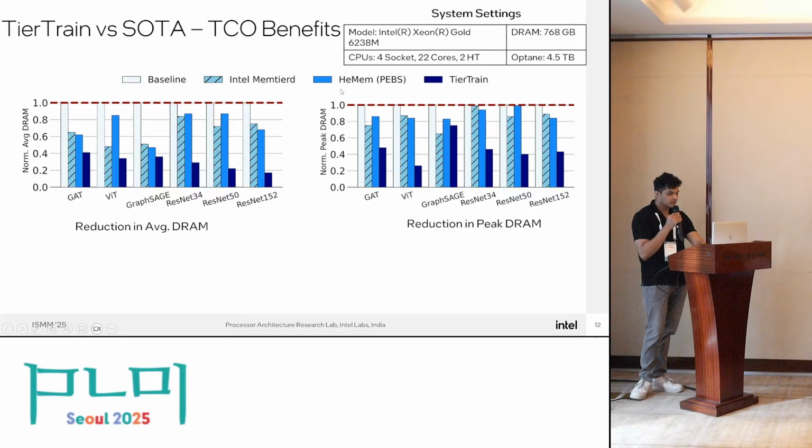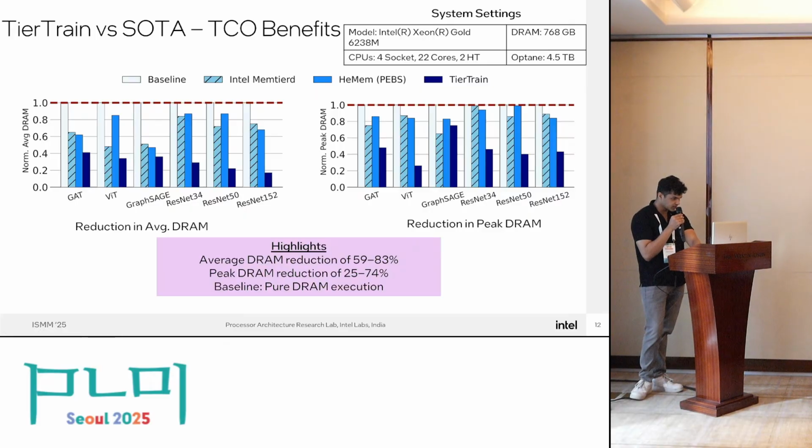Compared to all of these methods, there is again an average DRAM reduction of 59 to 83%, and a peak DRAM reduction of 25 to 74%. This has been tested across various benchmarks like transformer models, a lot of graph neural networks, and a lot of CNNs like ResNets.